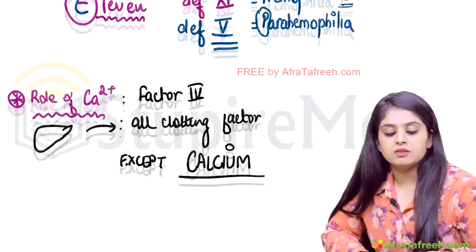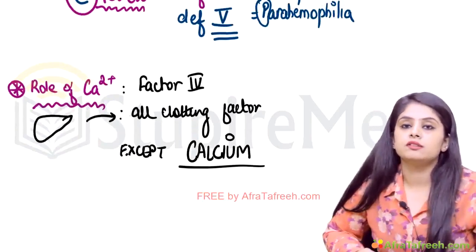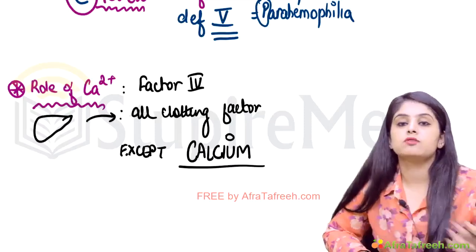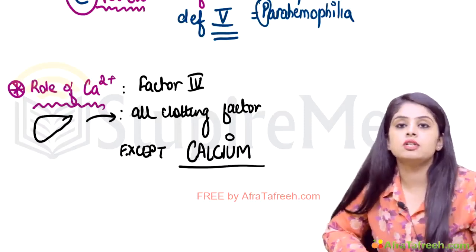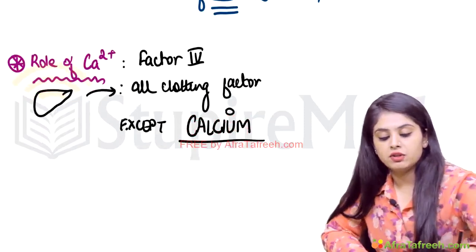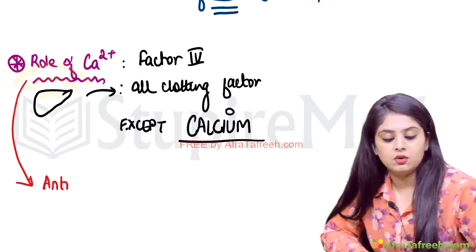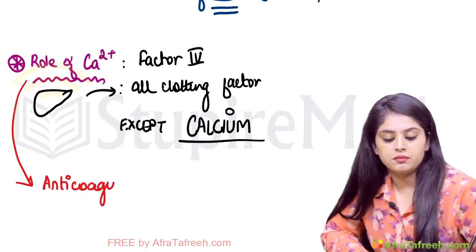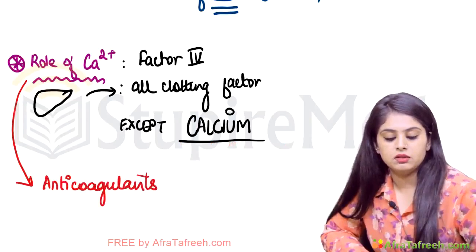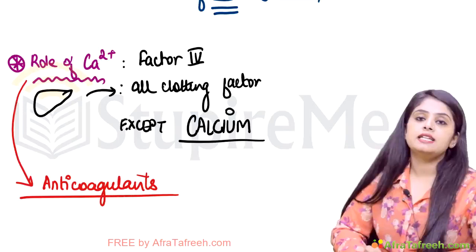One more thing about calcium that we need to know. If we take out calcium from the clotting system, if we take out calcium from this pathway, will clot formation occur? No. So that is a very important role of calcium that is utilized in anticoagulants. Anticoagulants are basically calcium chelating agents.